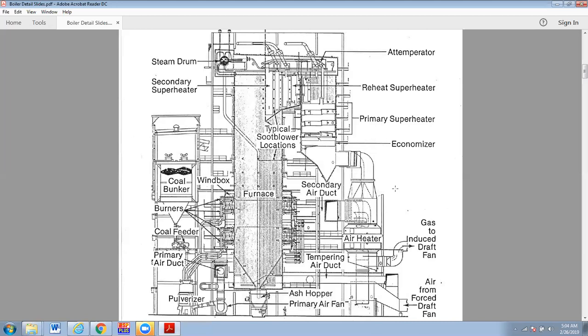Okay, so the idea is to stage the combustion. You know, if you throw all of the air that you really need into the furnace at one location, you really increase the temperature of the fireball. So temperature is good in terms of efficiency, but temperature is bad in terms of NOx. And like I've told you today, the environmental aspects are the tail wagging the dog for sure.